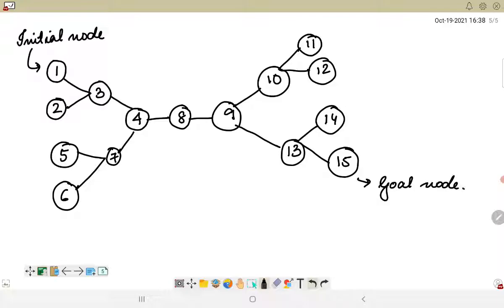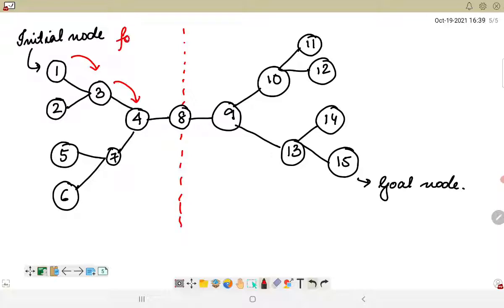Now the forward search will take place in this direction if I am using depth first search, and finally will reach up to 9. If I consider 8 as the midpoint, this will be my intersecting point.